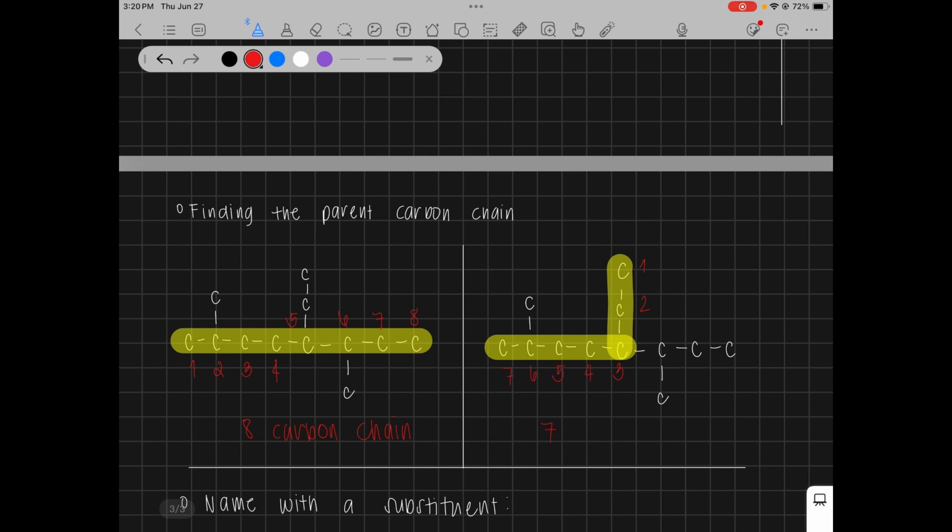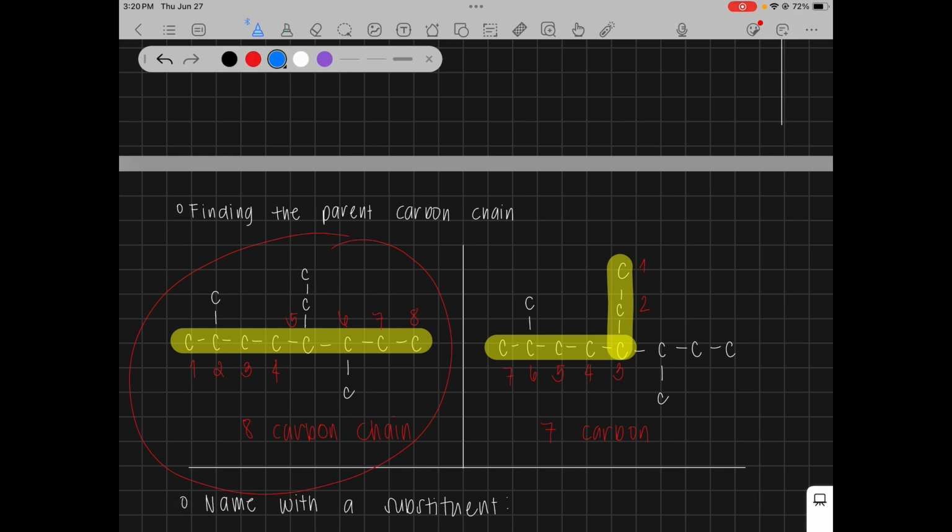It is a 7 carbon chain. And as you can see, 8 is longer than 7. So this will be the parent chain. You just need to look for the longest parent chain that you can find.